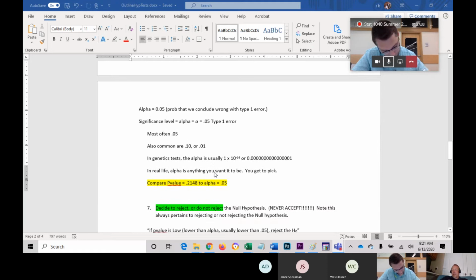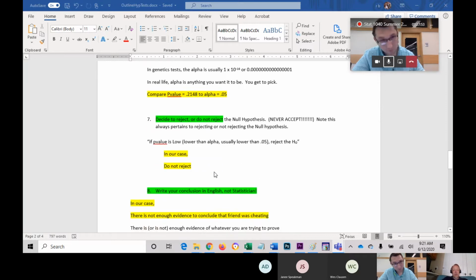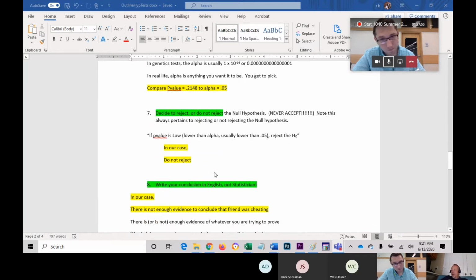Step number 7 is decide to reject or do not reject. And step number 8, write the conclusion in English, not statistician. 8 is also a very difficult step.